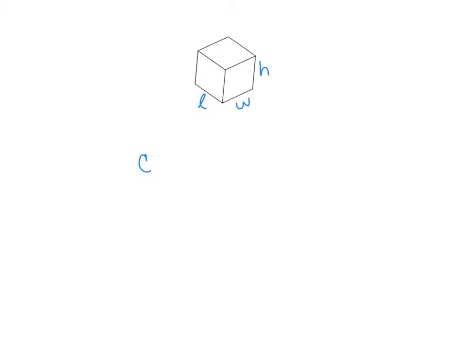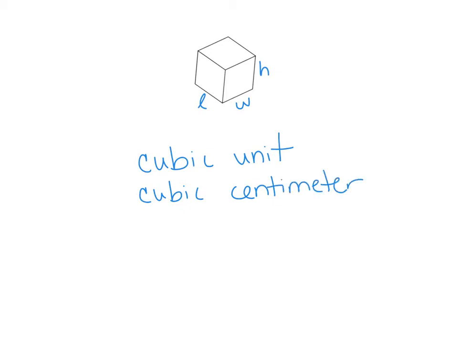So it could be cubic unit, like I said before, meaning I'm not sure what measurement I'm using. It might be cubic centimeter, meaning the lengths are based on 1 centimeter. And I could also write that as unit cubed, so these are synonymous, or centimeters cubed.